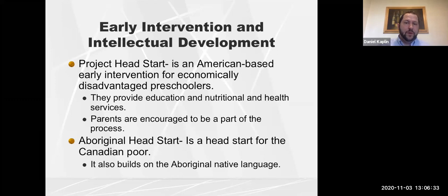All right, so what do you do when you see someone who's struggling? Well, there are different programs that were designed to help individuals who are disadvantaged.